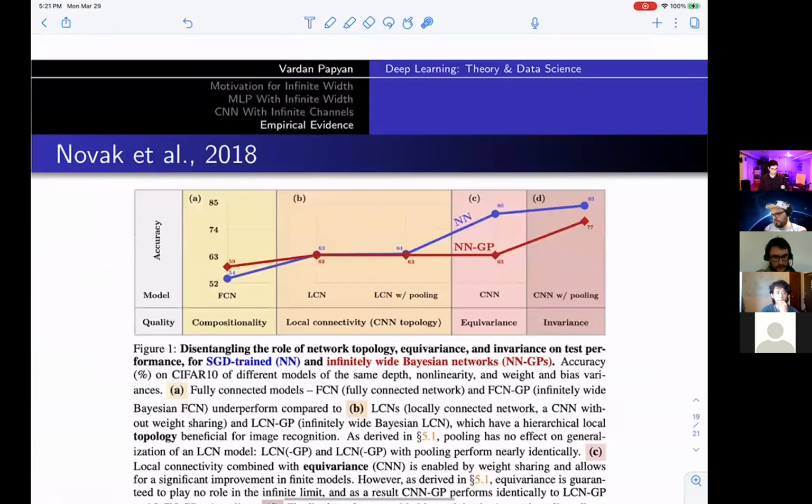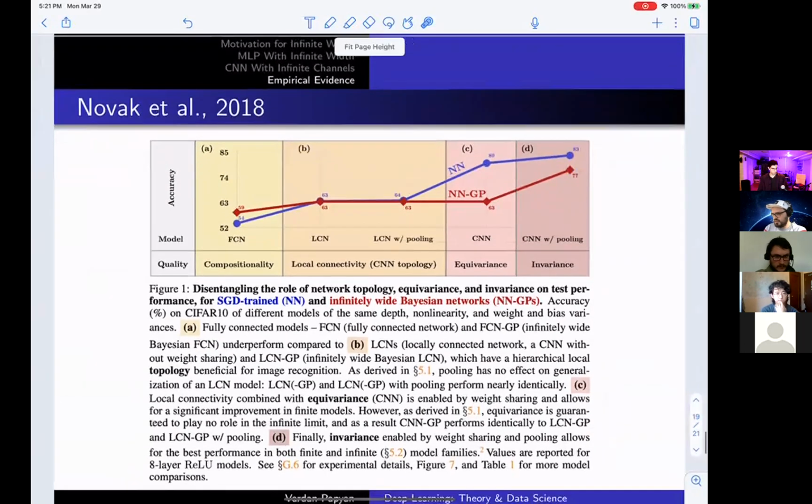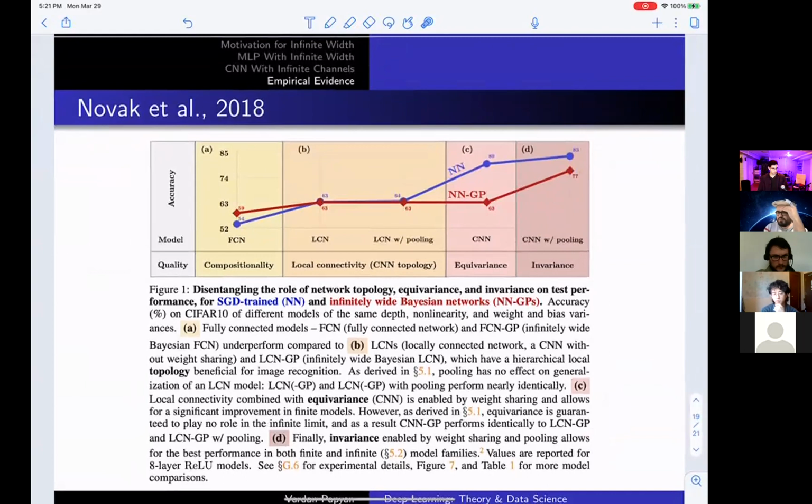Okay. So here's another interesting result that they have. This plot is from the paper by Novak et al., where they were looking at infinite wide networks. They started by looking at the performance of fully connected networks.